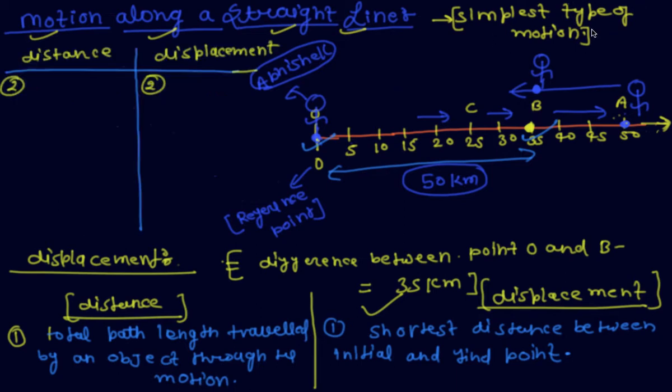Now the second difference between distance and displacement. To describe distance, we need to specify only a numeric value, and the numeric value of any property in physics is called magnitude.